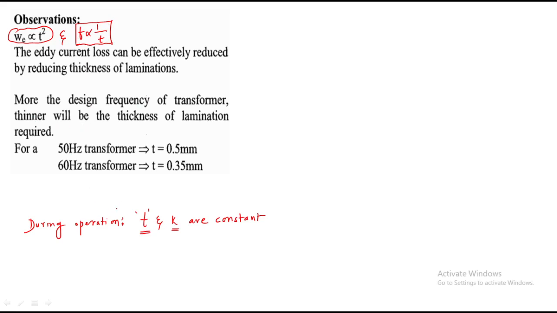So these are the copper losses, hysteresis losses, and eddy current losses. The combination of hysteresis plus eddy current should equal the iron losses, and we have copper losses. What are the units of power? Watts, right?